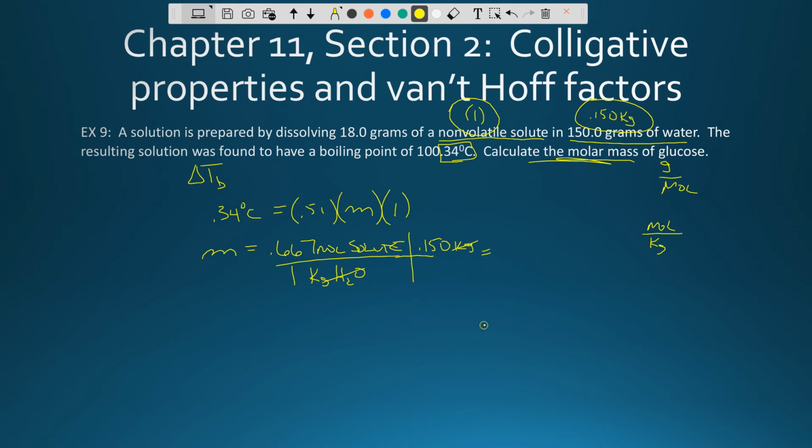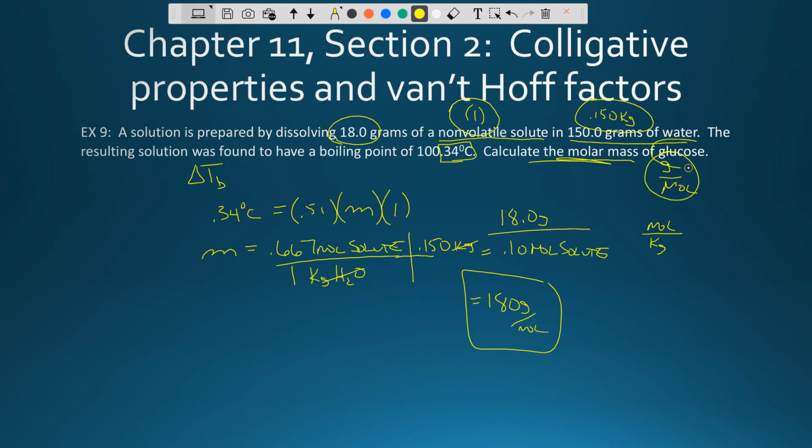I end up with a value of 0.10 moles of solute. Okay, almost done because I was given 18 grams. What is molar mass? Molar mass is grams per mole. So if I just take 18.0 grams over 0.1 moles, I end up with a value of 180 grams per mole.